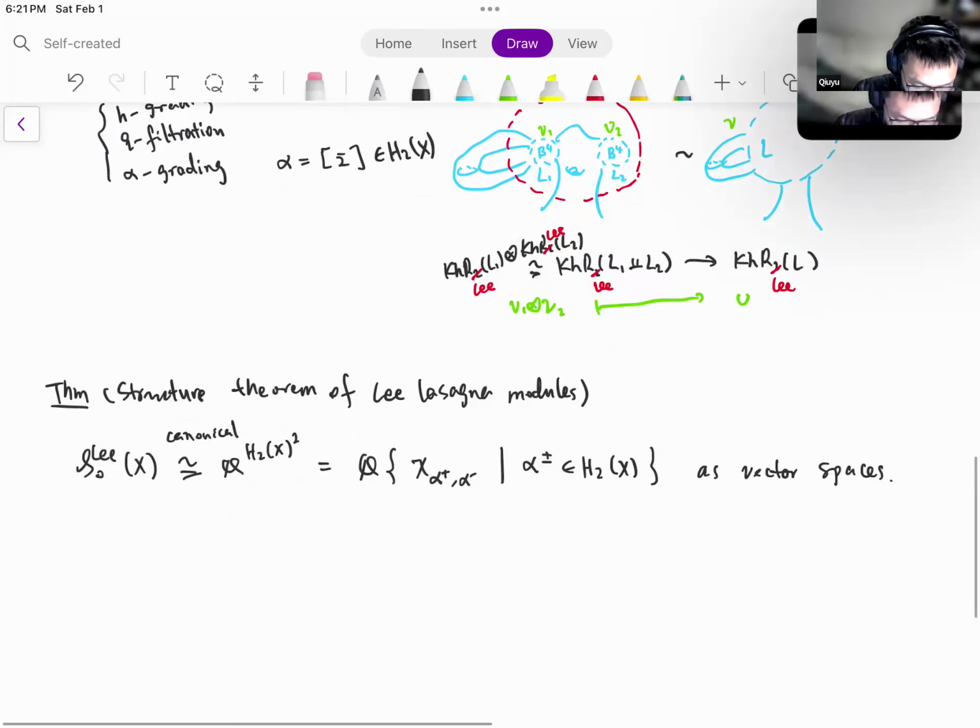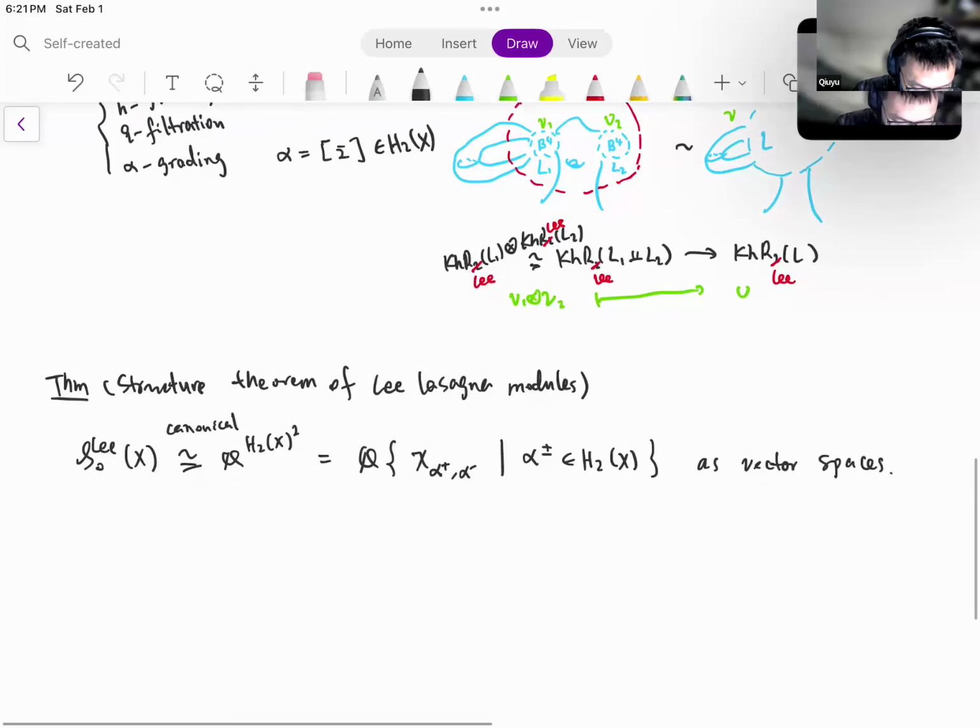So I'm going to define the so-called lasagna s-invariant as follows.